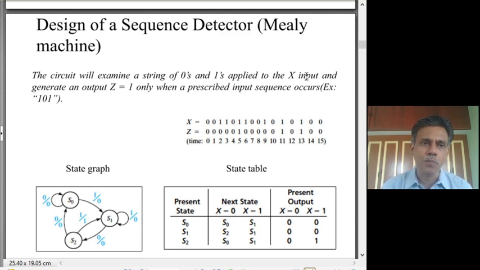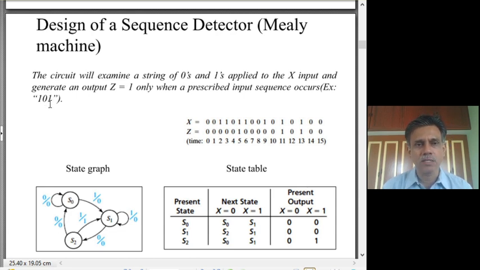It produces an output Z, which takes a value 1 whenever a particular bit pattern or sequence is present in the input sequence, and 0 otherwise. So this is the broad definition, and let us take a particular bit sequence, and for that we will design the machine. We will take this simple example of a bit sequence which is 101.